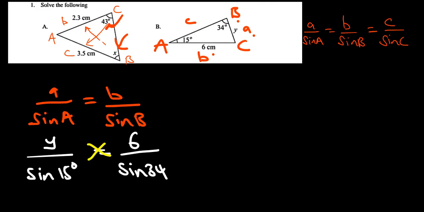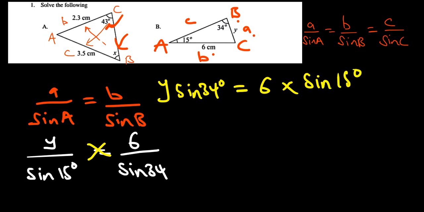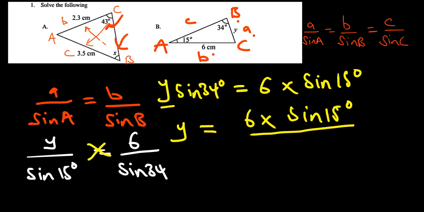So y sine 34 degrees equals 6 multiplied by sine 15 degrees. We want to find the value of y, so y will be equal to 6 multiplied by sine 15 degrees, and then we divide all this by sine 34.